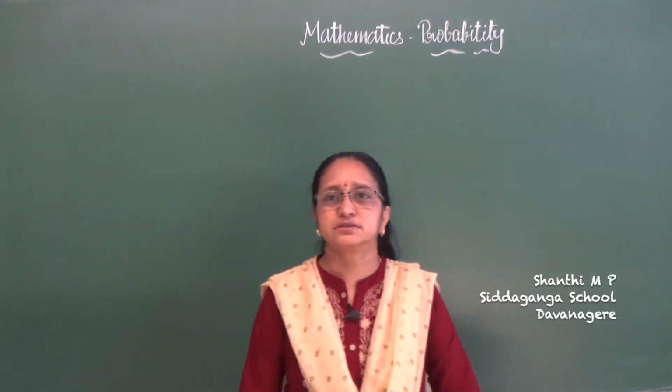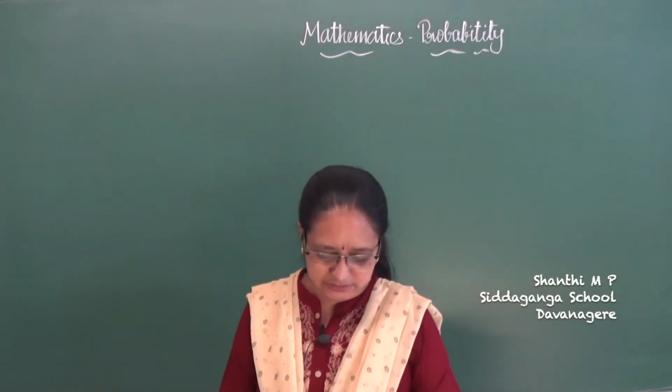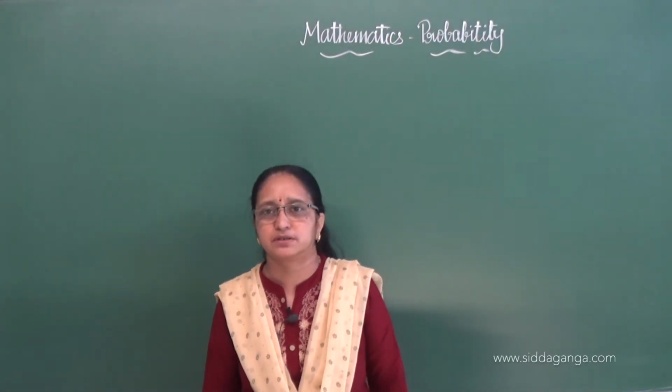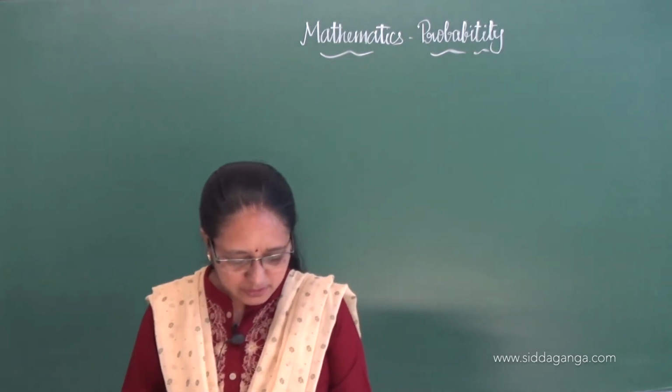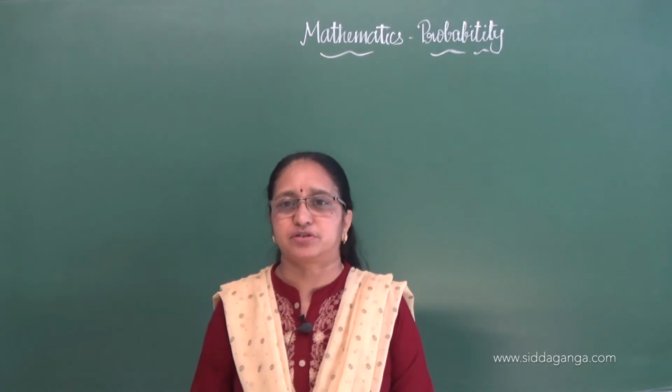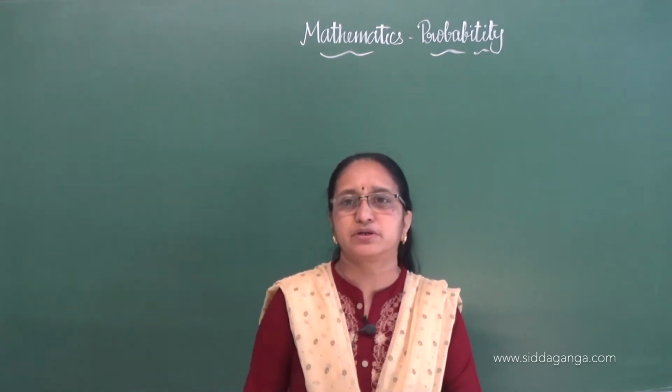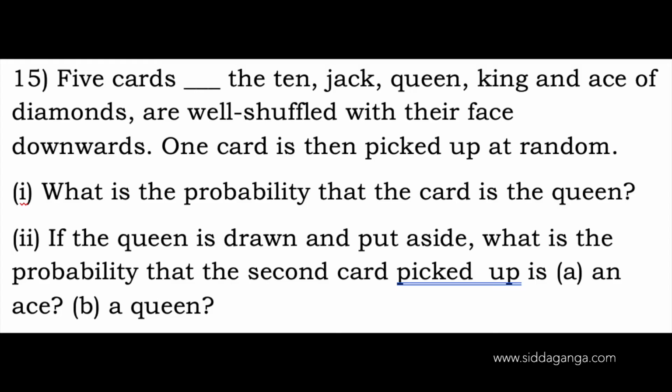Hello students. So today let us continue with exercise 15.1. The 15th question. Now I am going to read the question for you. 5 cards, the 10, Jack, Queen, King and Ace of diamonds are well shuffled with their face downwards.